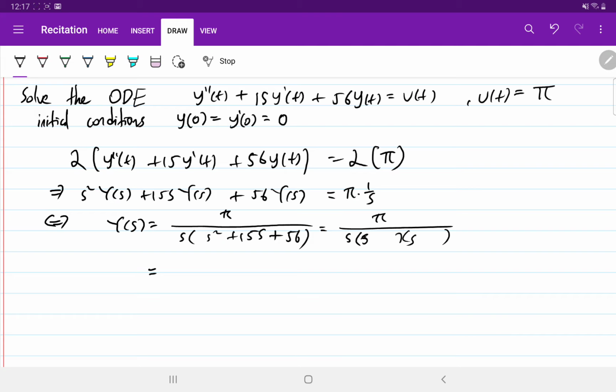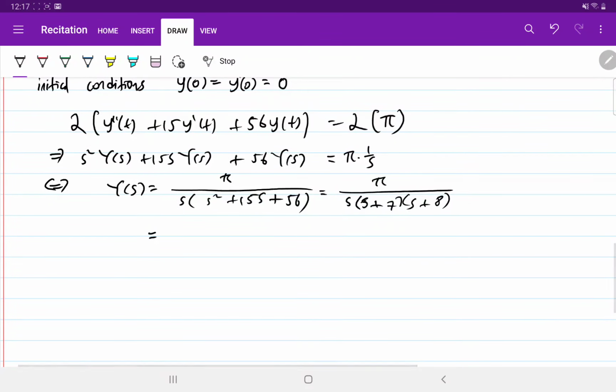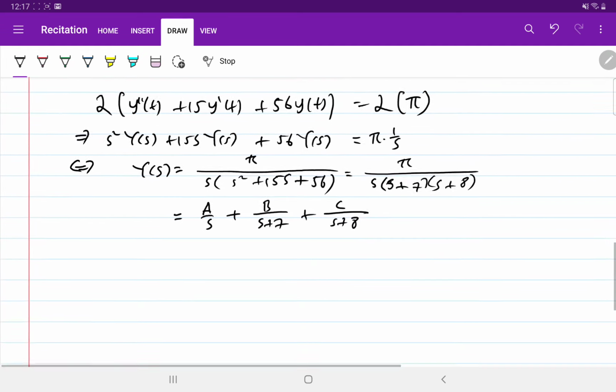we have 56 is 7 times 8, right? Yes. Okay, so since the roots are all real, we have a over s plus b over s plus 7 plus c over s plus 8.